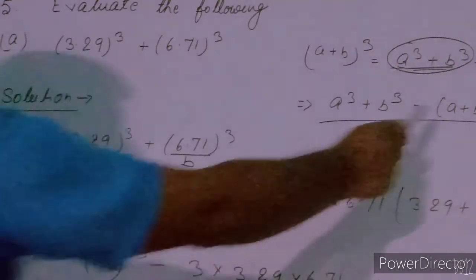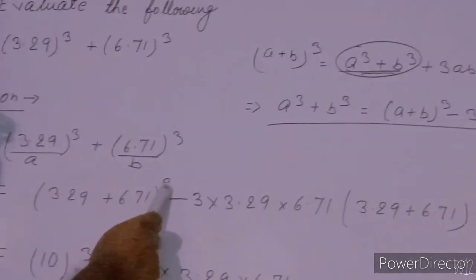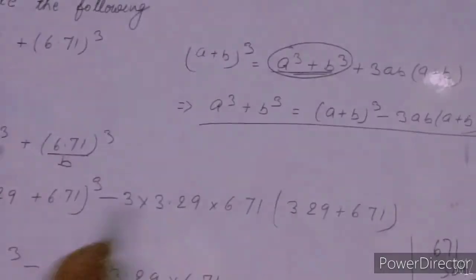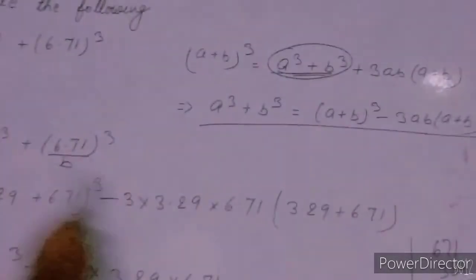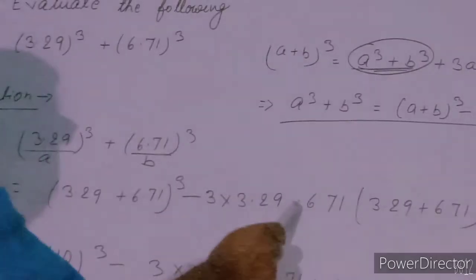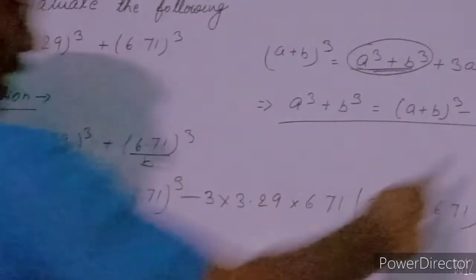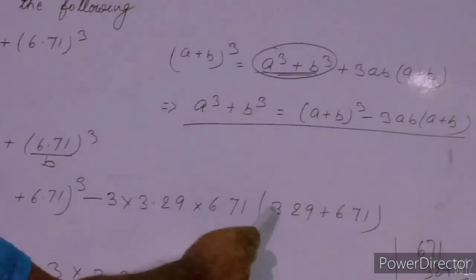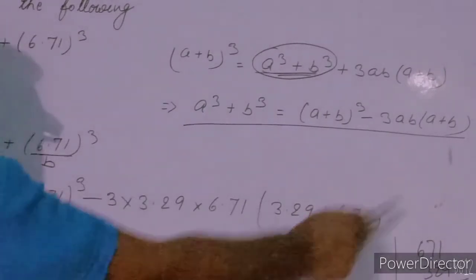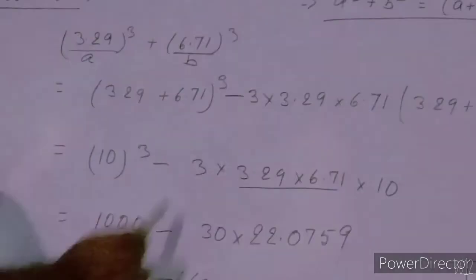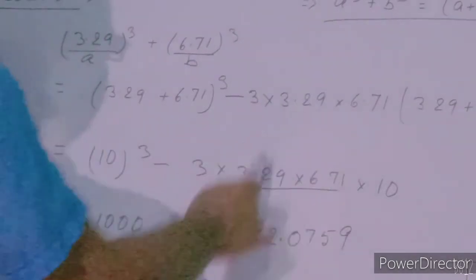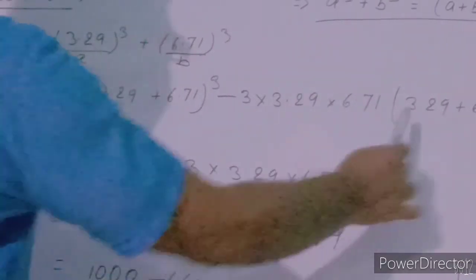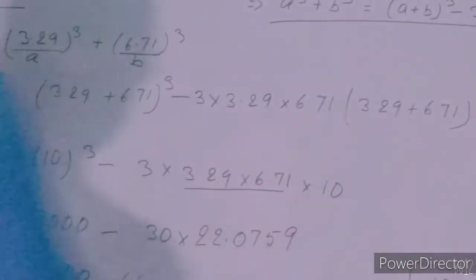For that I have written (a + b)³, that is (3.29 + 6.71)³, minus 3ab, that is 3 into 3.29 into 6.71, into (a + b), 3.29 + 6.71. This addition is 10. I wrote 10 whole cube minus 3 into 3.29 into 6.71 into 10.